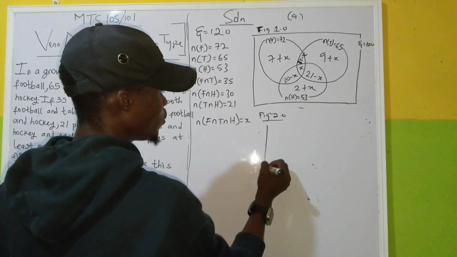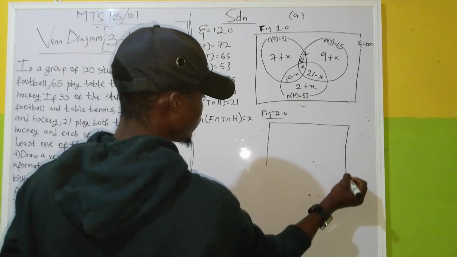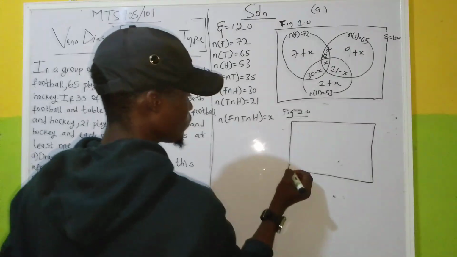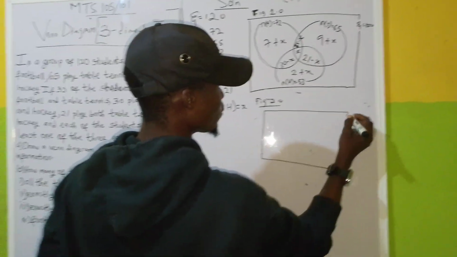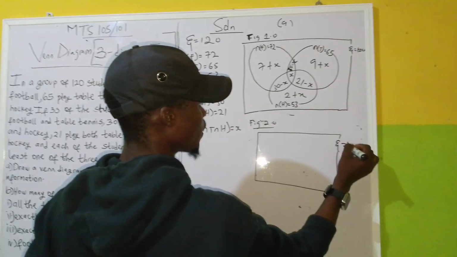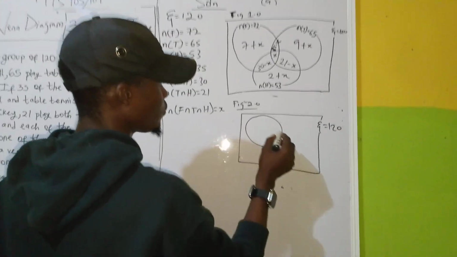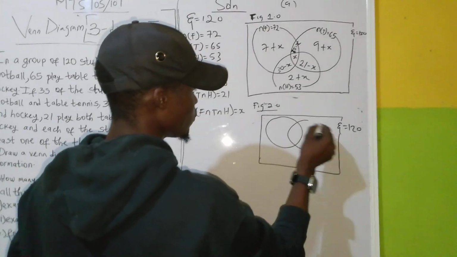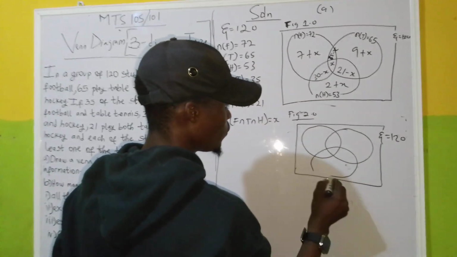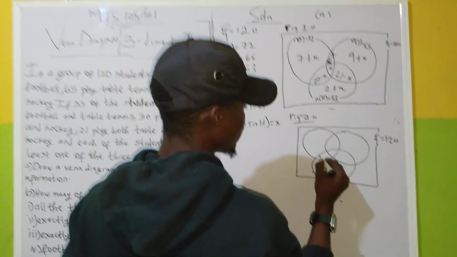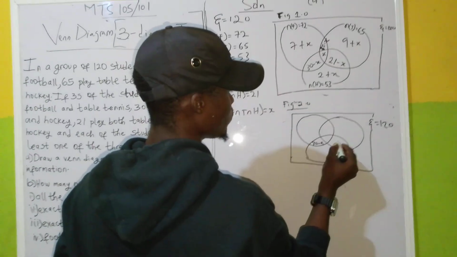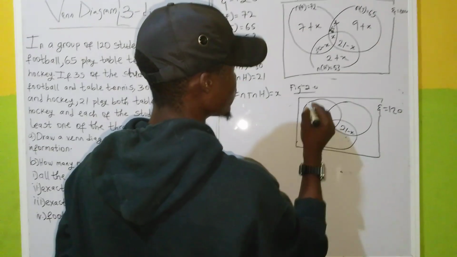We want to redraw this one now. So this one, the universal set, is 120. So what you have here now, and what you have here now. So this one is 30 minus x, 21 minus x.